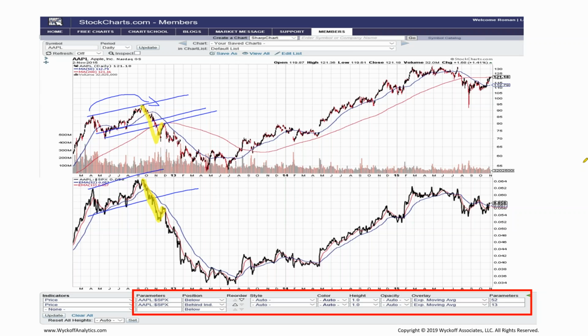That's when we could say that, from a leadership characteristics standpoint, the behavior of the relative strength and the price suggests that we're going to have lower prices, deterioration of that leadership.